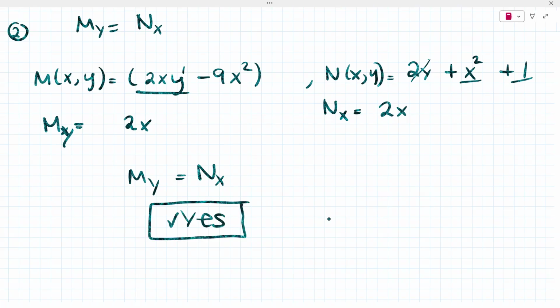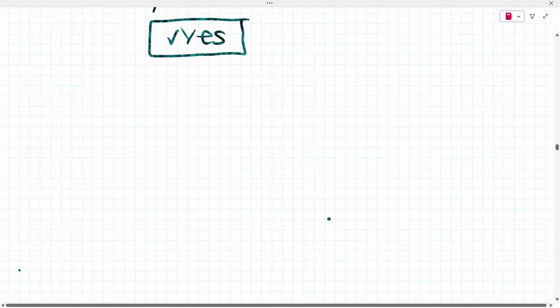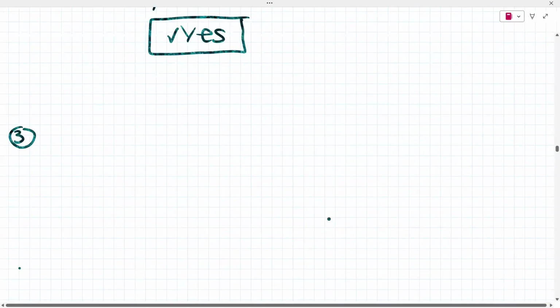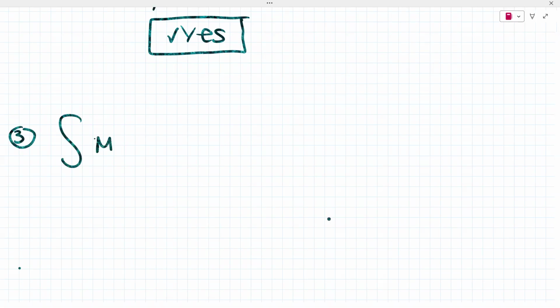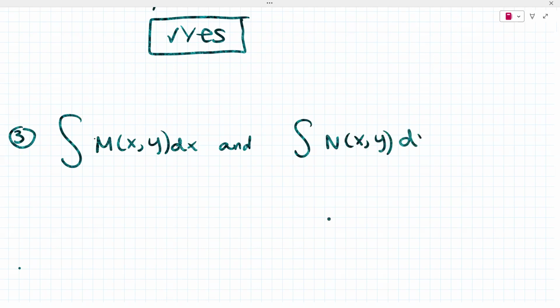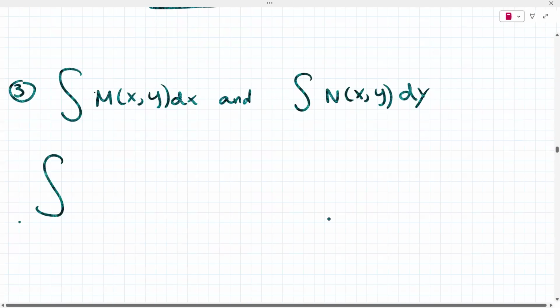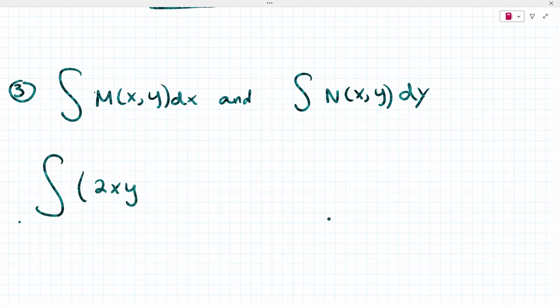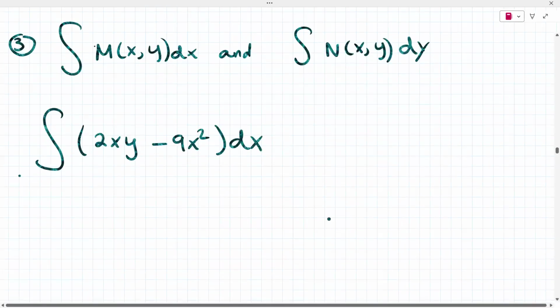Okay, let's move on to step 3. Now we have to take the integration of both sides, so the integral of m of xy dx, and the integral of n of xy dy. So the integration of m of xy is 2xy minus 9x squared dx.